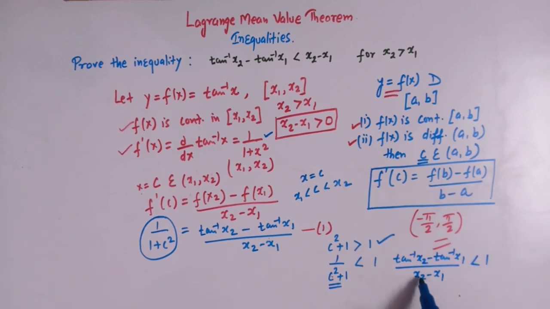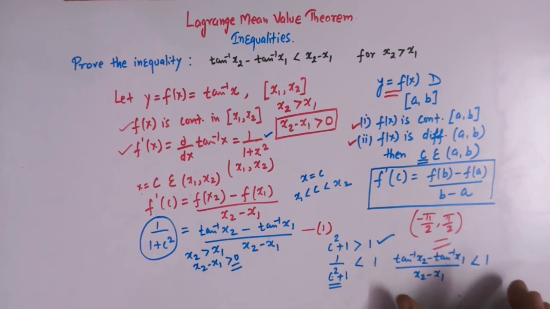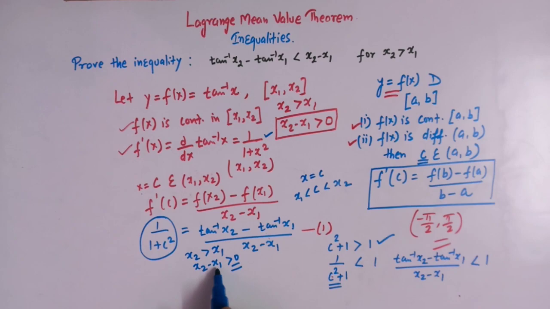Now see here, x2 minus x1 is always a positive quantity. Why? Because x2 is greater than x1, so the difference x2 minus x1 must be greater than 0. So we can multiply both sides of this inequality by x2 minus x1, and we safely get tan inverse of x2 minus tan inverse of x1 is less than x2 minus x1, right?